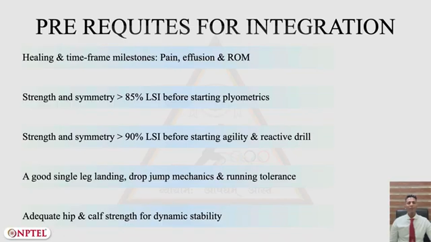Strength and symmetry should exceed 85% of limb symmetry index before plyometrics and 90% before agility or reactive drills. Adequate hip and calf strength are essential for dynamic stability since they control frontal plane mechanics during landings.